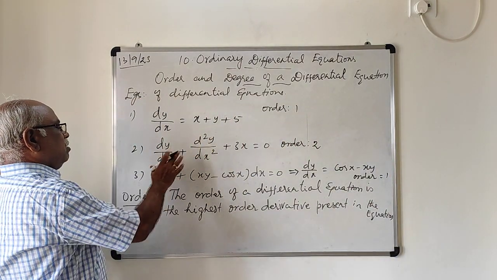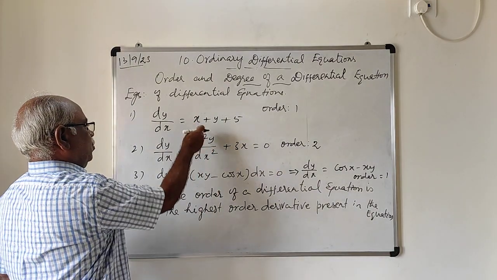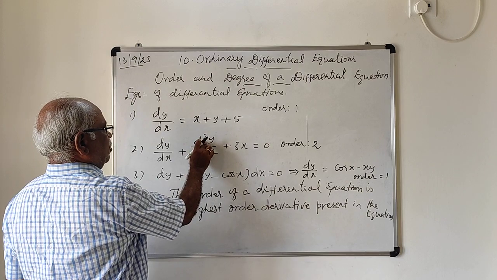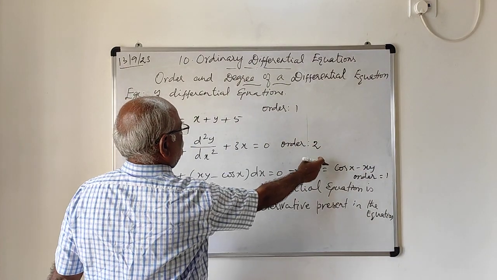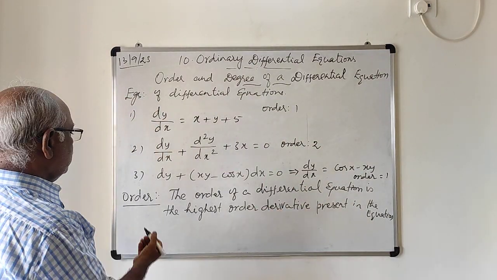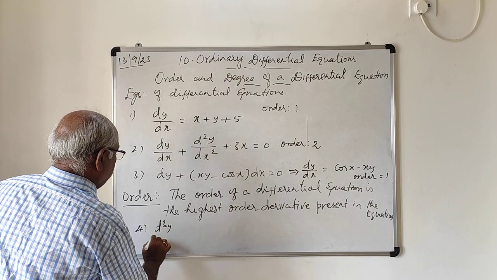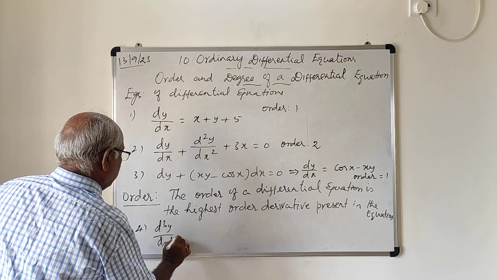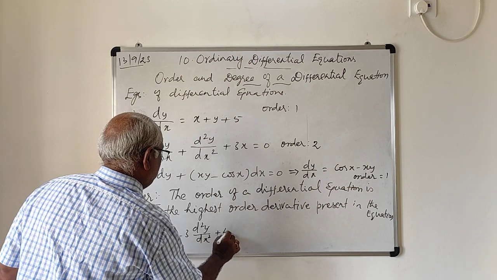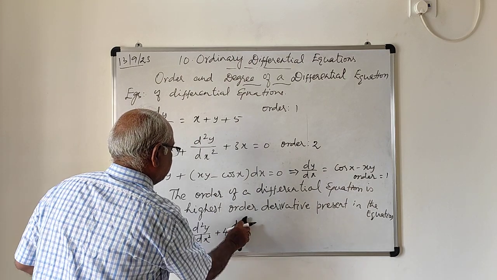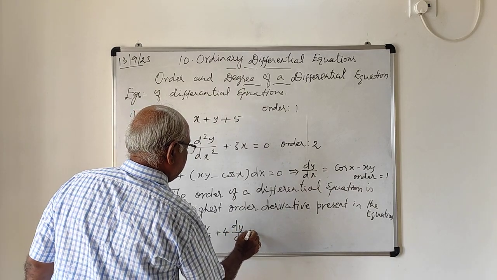So, the order of a differential equation is the highest order derivative present in the equation. Here the second order is the highest, therefore order is 2. Here only the first order, therefore order is 1. Here also the order is 1. Suppose, for example, d cube y by dx cube minus 3 d square y by dx square plus 4 dy by dx equal to x cube.